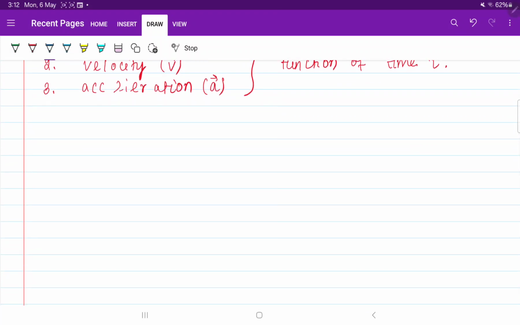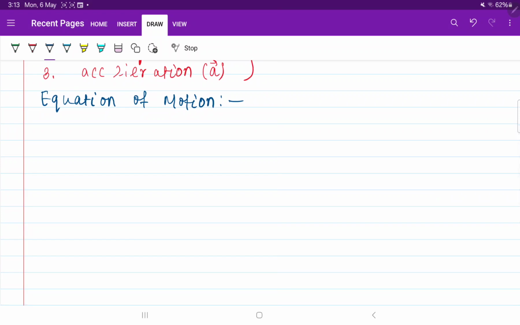Let's briefly discuss the equations of motion. The equations of motion are the relations between velocity, acceleration, displacement and time. The first equation of motion is v equals u plus at.